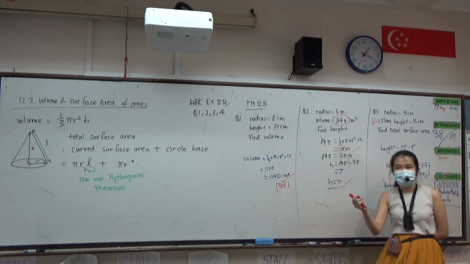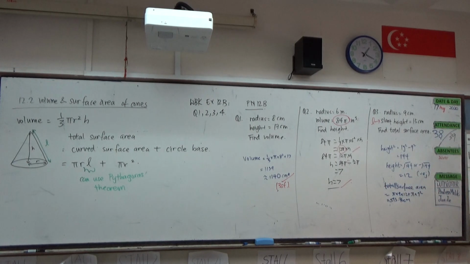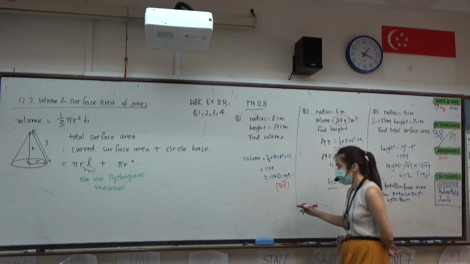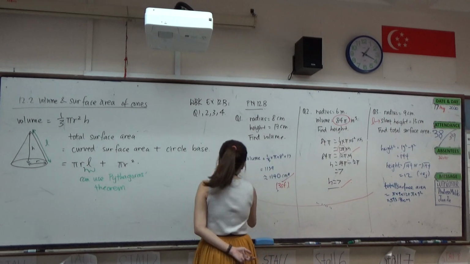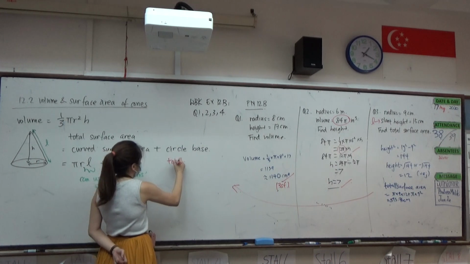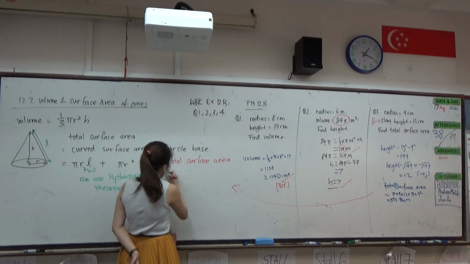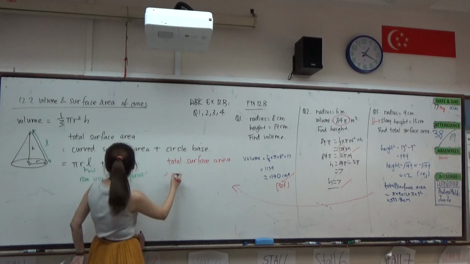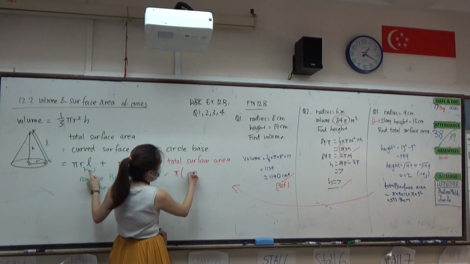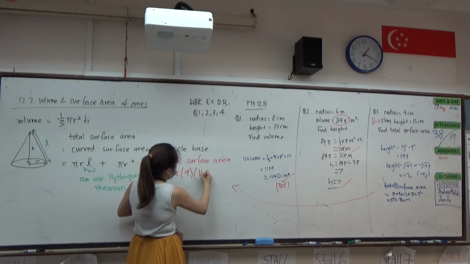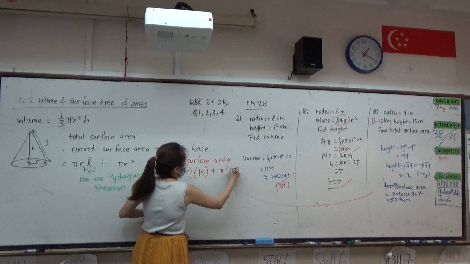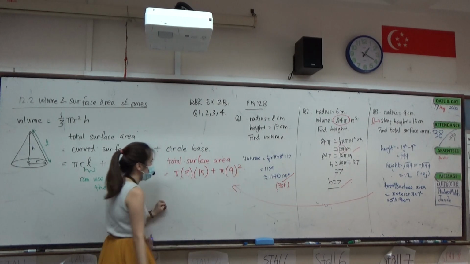Alright, so what I would say is you're too focused on how we did it previously, then you try to replicate it blindly. Then you never notice what exactly it is that you need. So to correct this answer, the total surface area should actually be pi times the radius 9, slant height 50, plus pi times radius 9 squared.